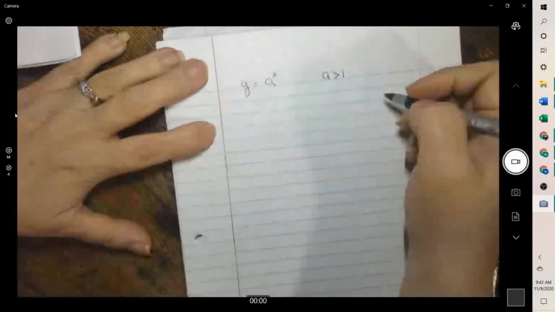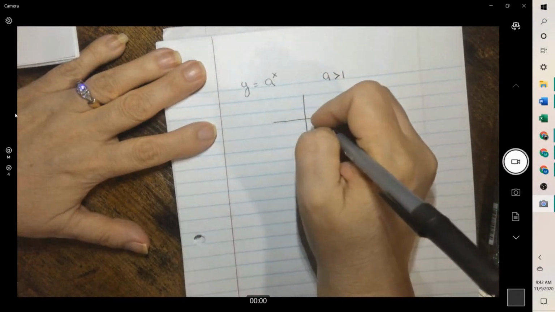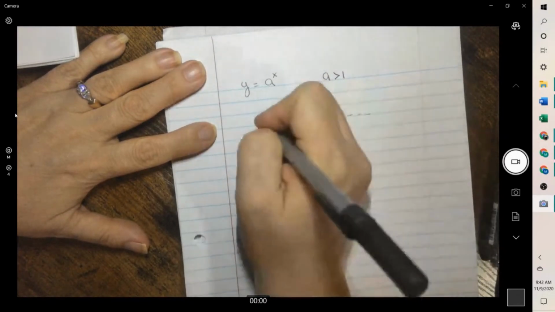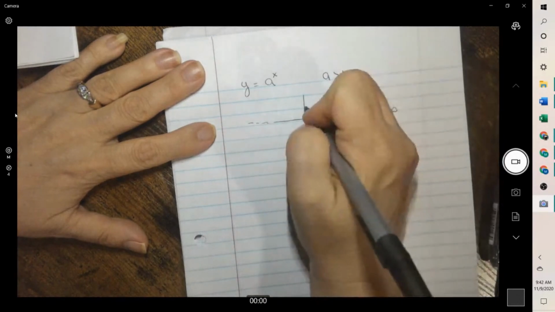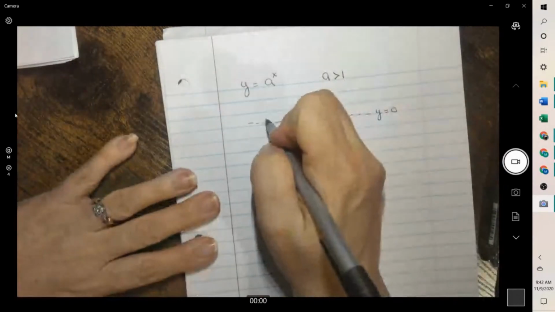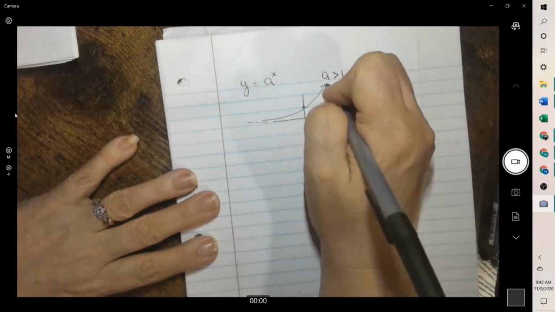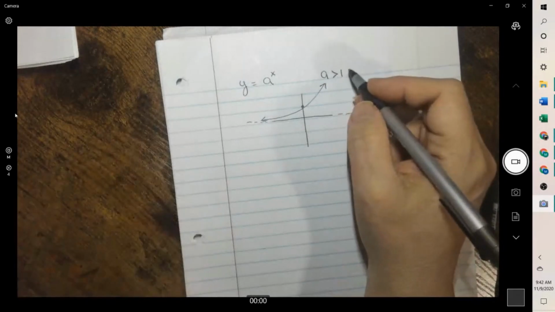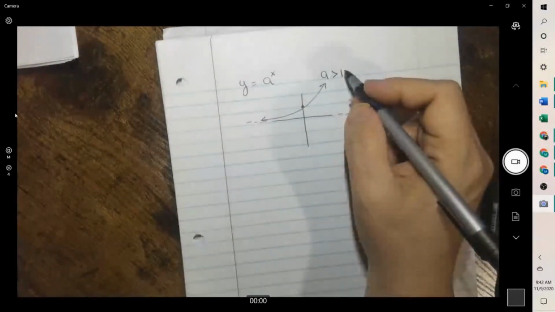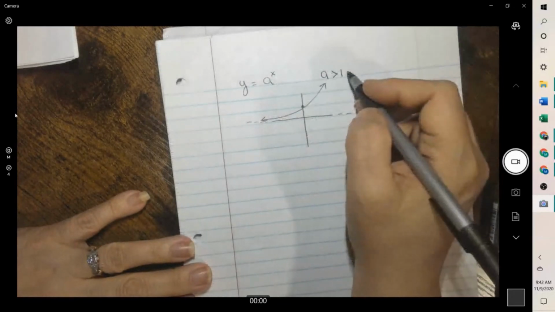When a is greater than 1, there's a horizontal asymptote. It crosses at 1 on the y-axis, and it grows. And e is 2.7, so e is the same as greater than 1.